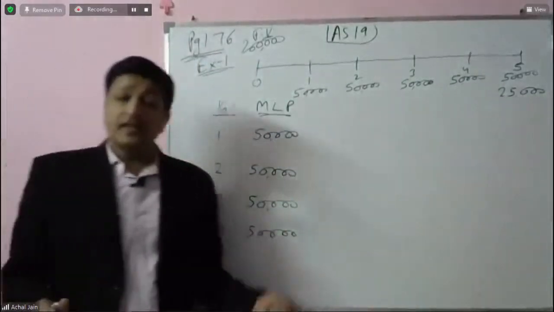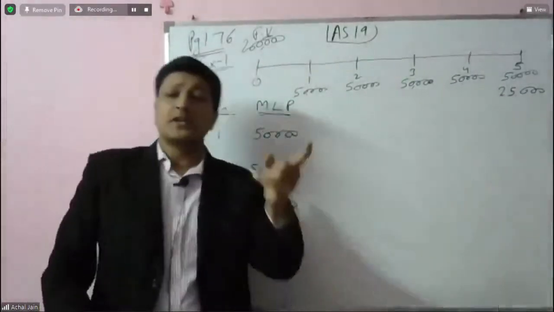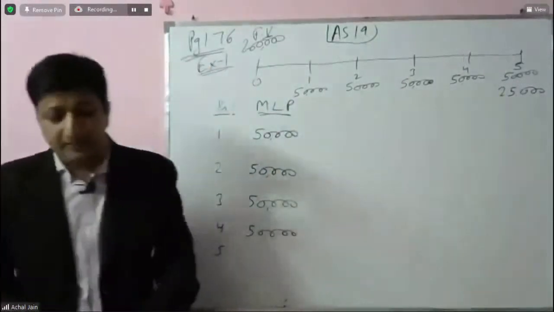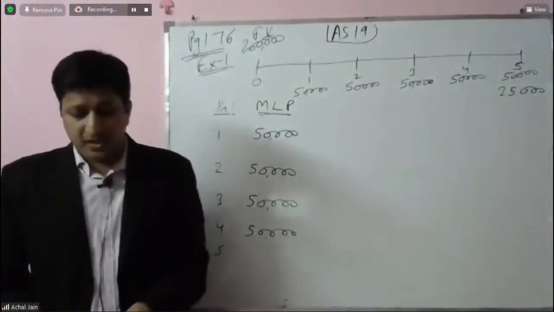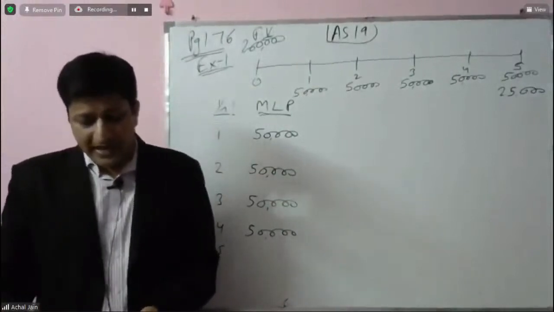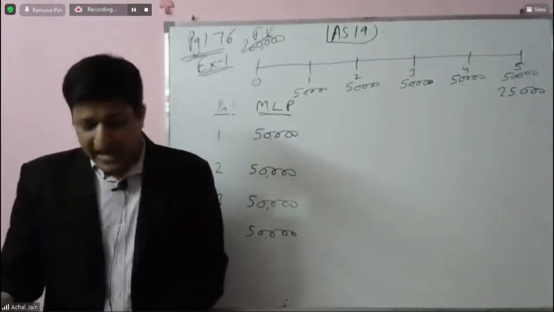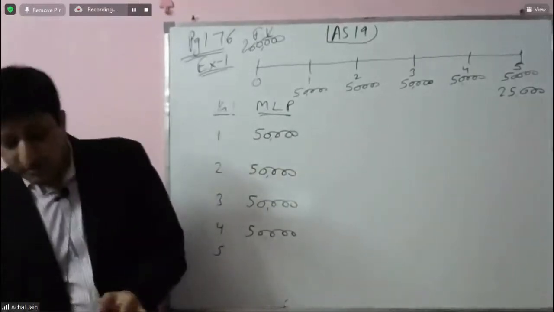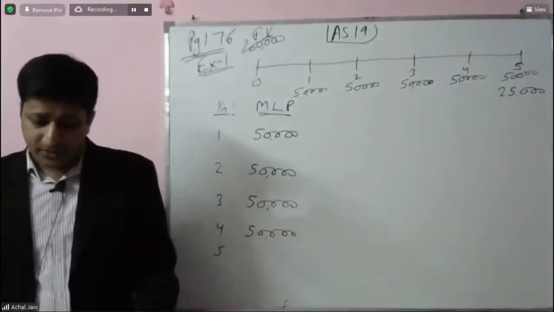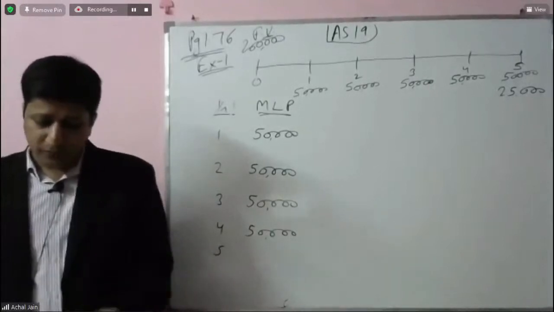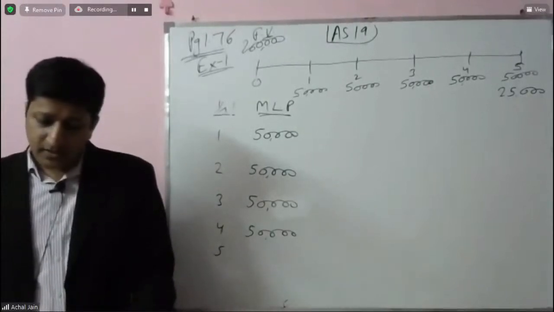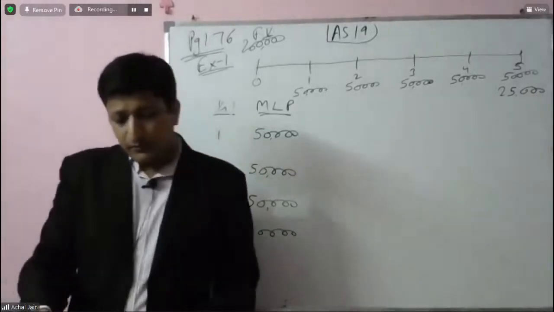And after that, in the MLP, the guaranteed residual value is also required to be added. So we will add the guaranteed residual value.